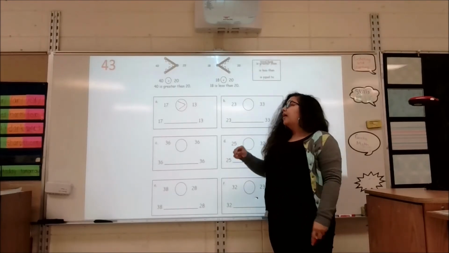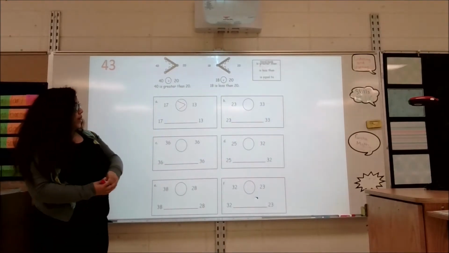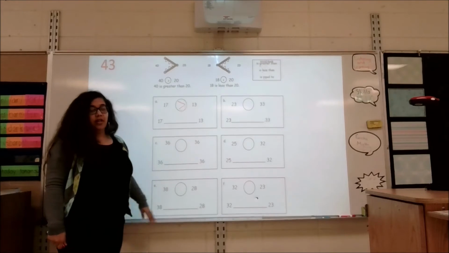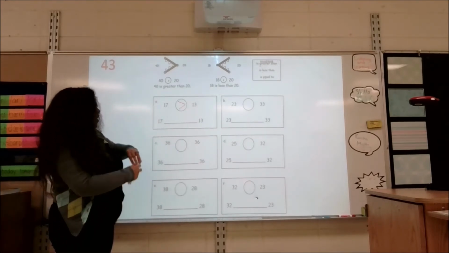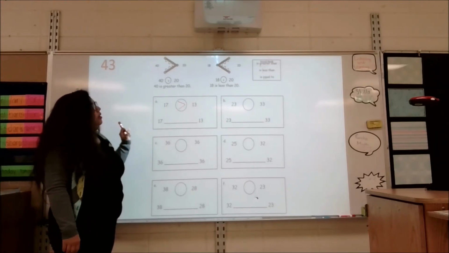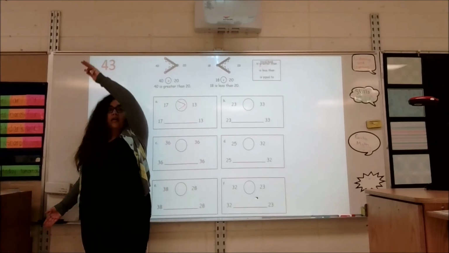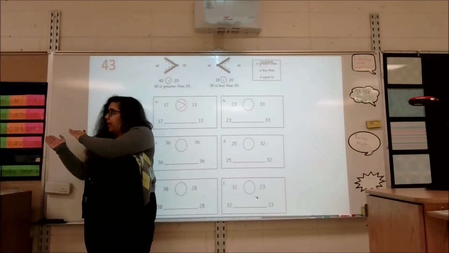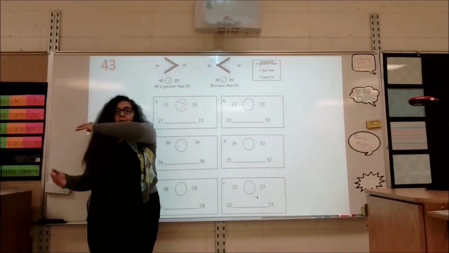Okay, now let us translate that from all symbols to a sentence with numbers and words. This is a symbol sentence, a number sentence with all symbols, and here we've got numbers to equate to words. So if the alligator is facing this way, that is from left to right, blank is greater than blank.